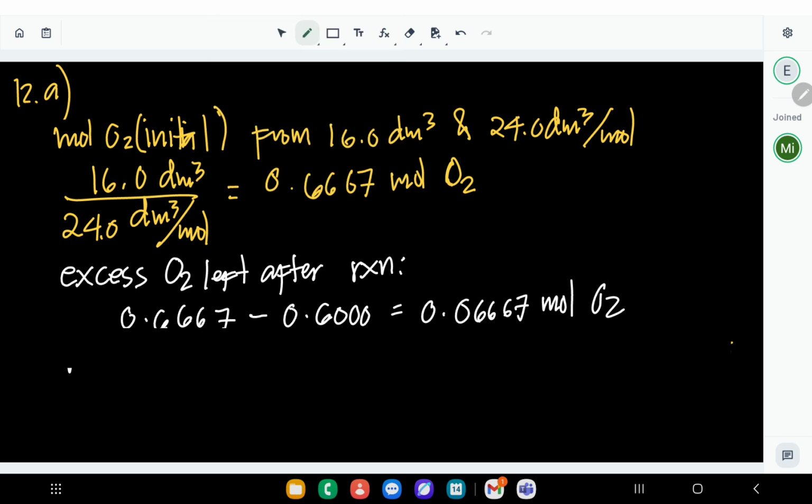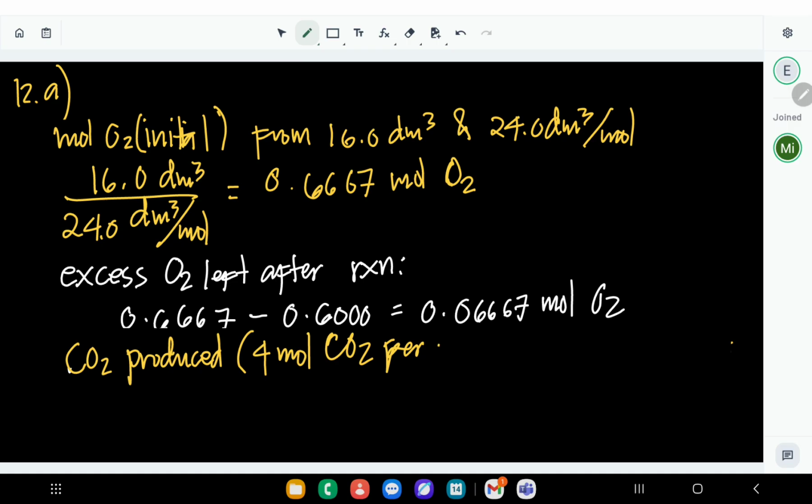From the given reaction, we produce 4 moles of CO2 per mole of butanol. So for the CO2 produced, there are 4 moles of CO2 per 1 mole of butanol. So we can just multiply the number of moles by the mole ratio.